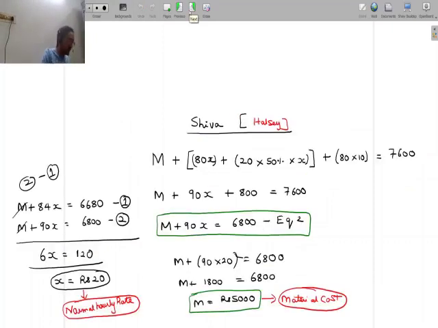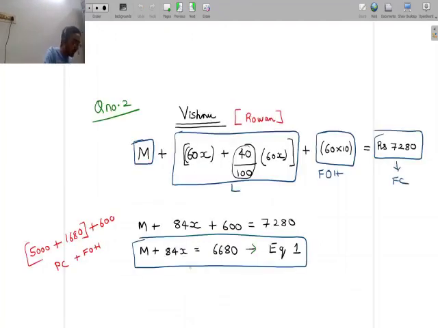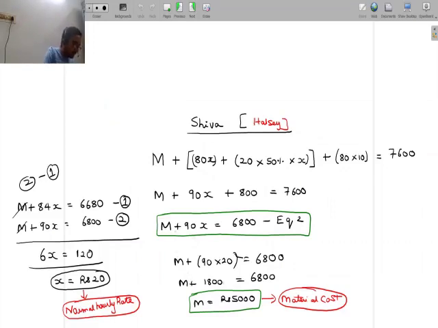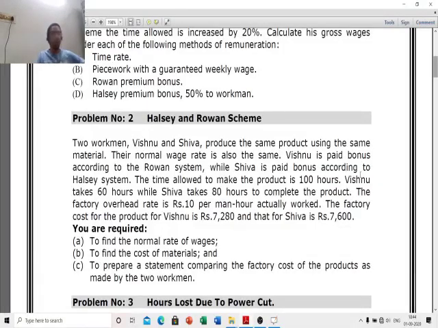And then similarly here I'm going to say 5,000 plus 1,800, then I'm going to add that 800. 5,000 plus 1,800 will give me the prime cost, and then my 800 is factory overheads. If I put these two things together, I'm going to get my factory cost.